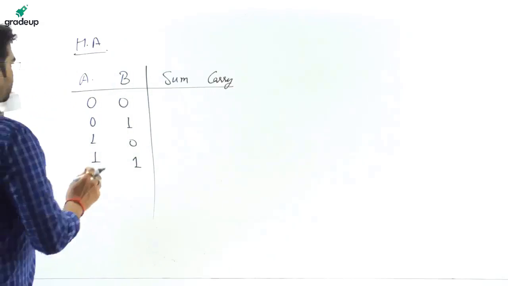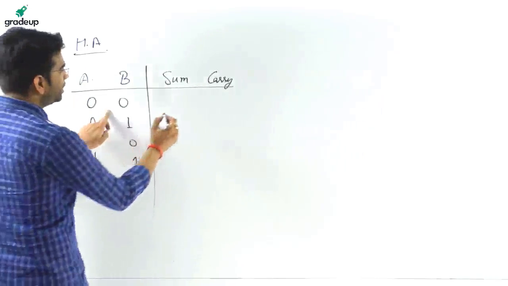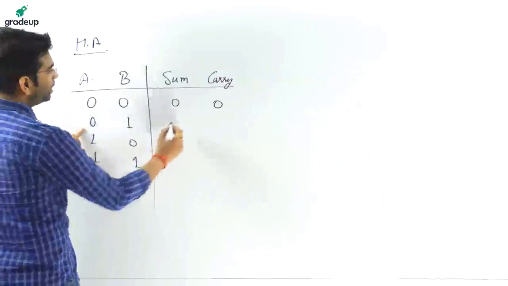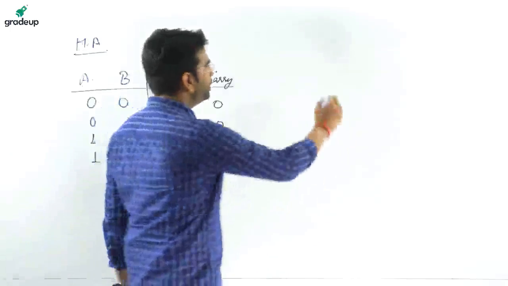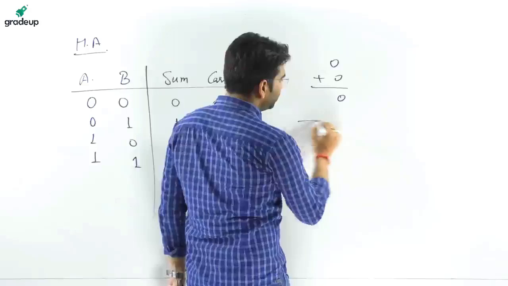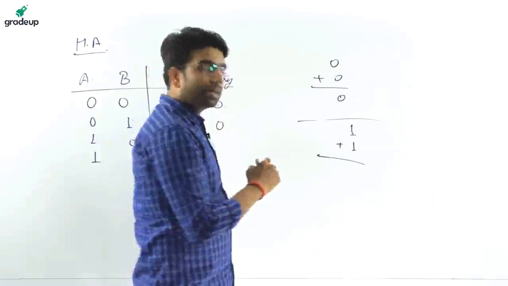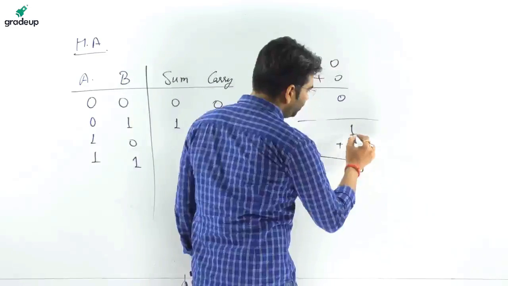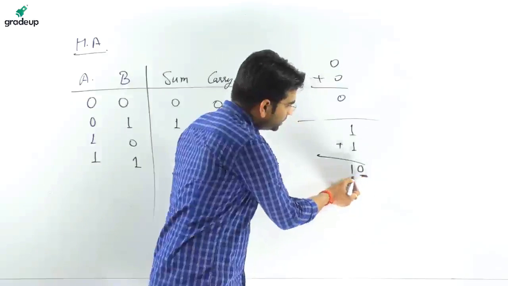What is the sum for 0 0? The sum will be 0, and what will be the carry? No carry. For 0 1, the sum will be 1, carry 0. How do we get it? 0 plus 0 is 0. For 1 plus 1, what will happen? 1 plus 1 will be 0 1. This is sum and this is carry.